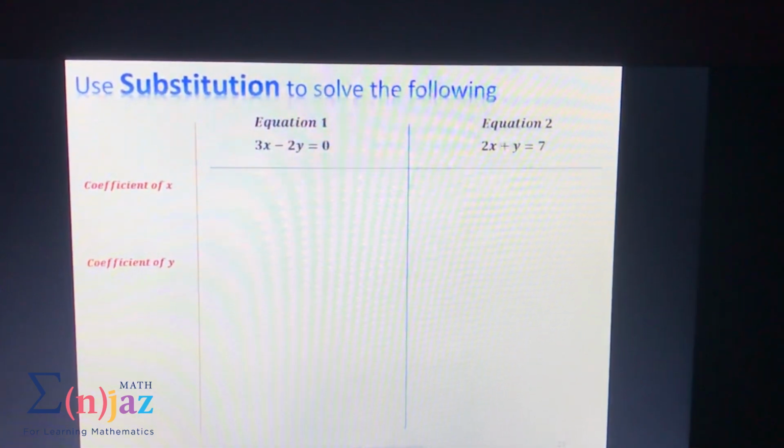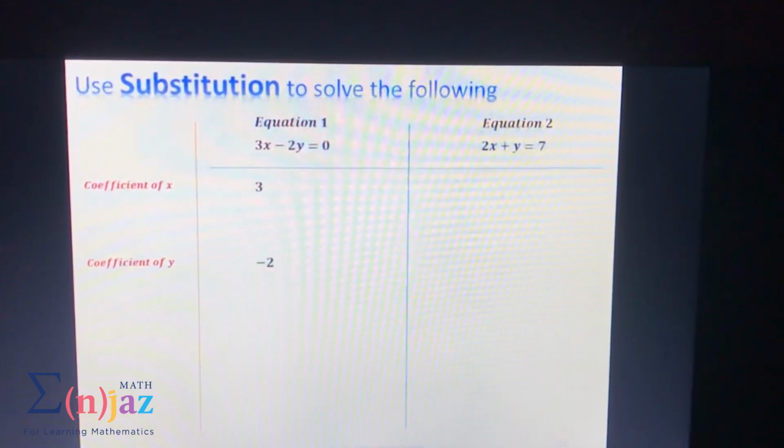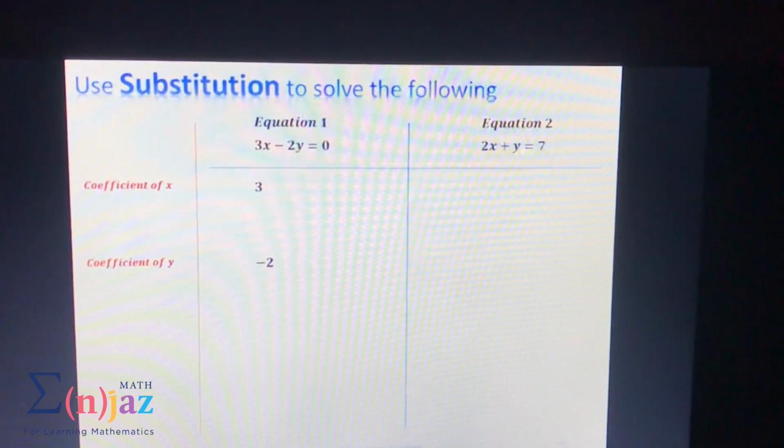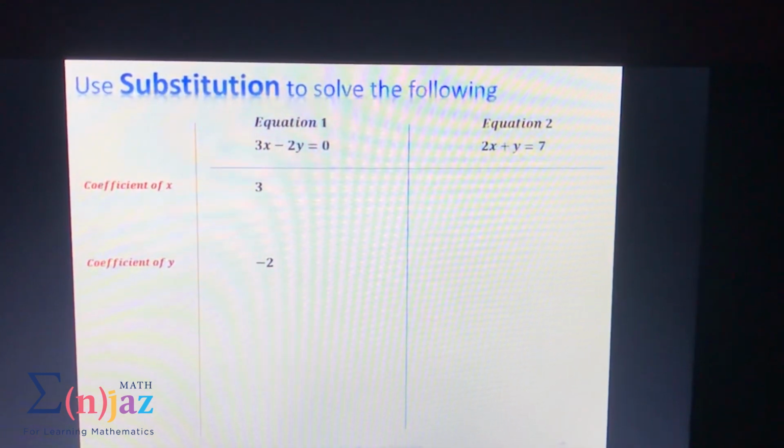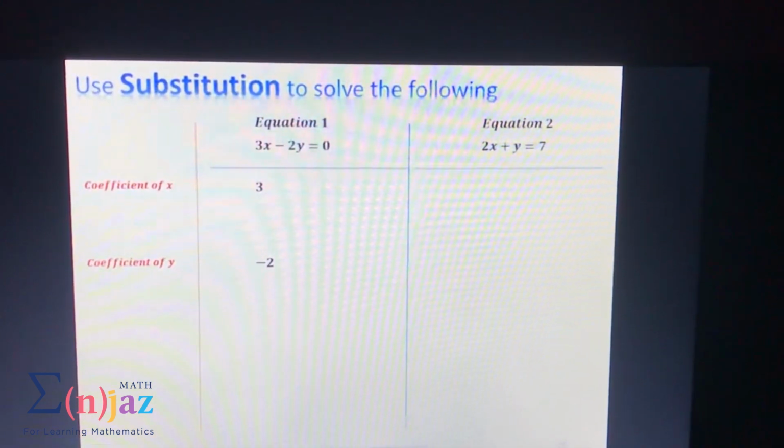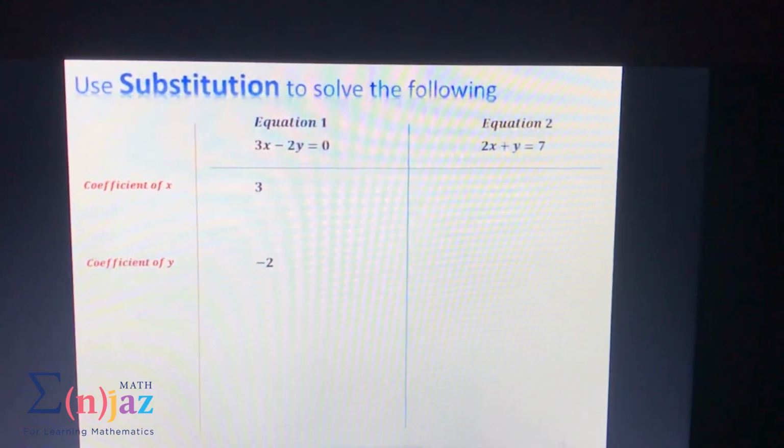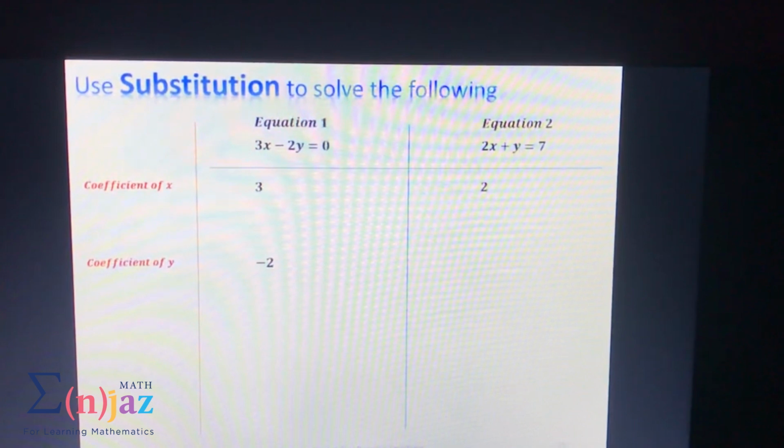So the coefficient of x in the first one is 3. The coefficient of y in the first equation is negative 2, not 2, negative 2. The coefficient of x in the second equation is 2, and the coefficient of y is 1.